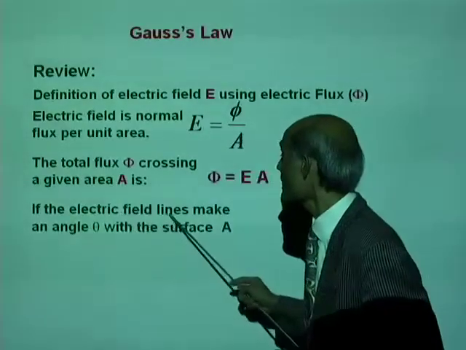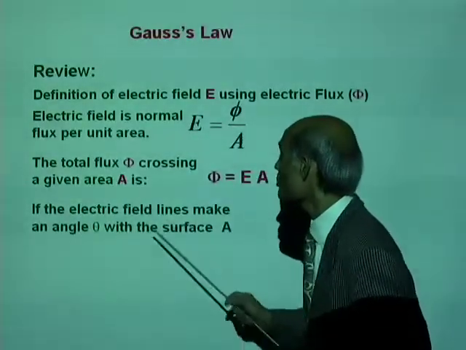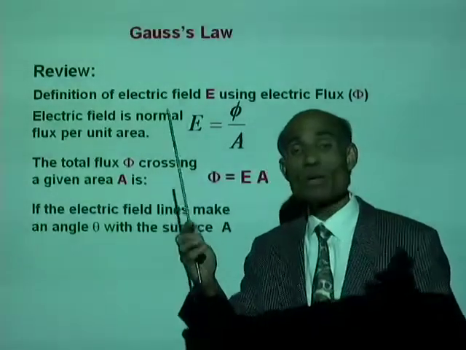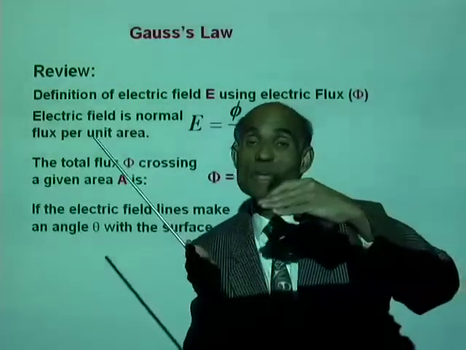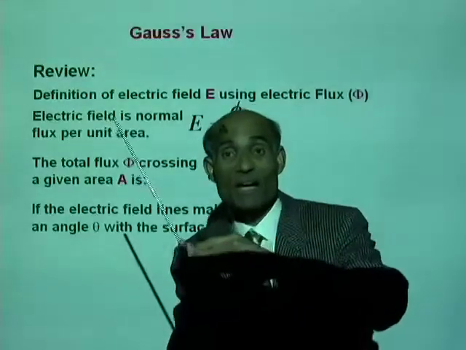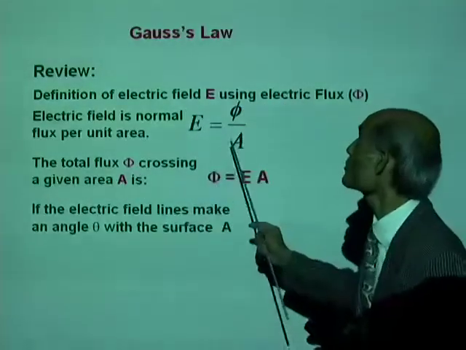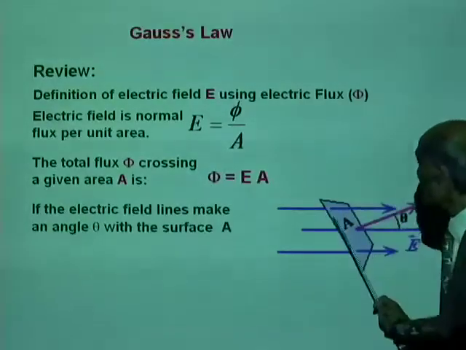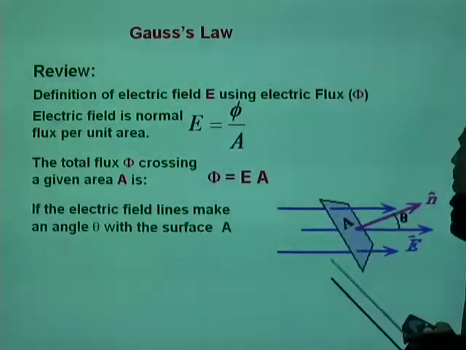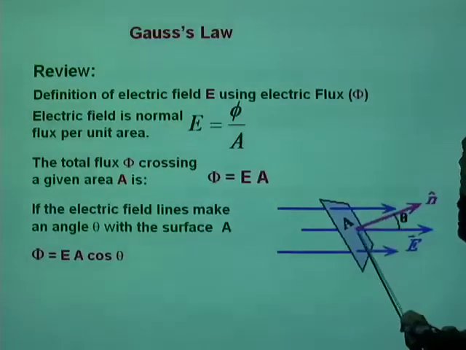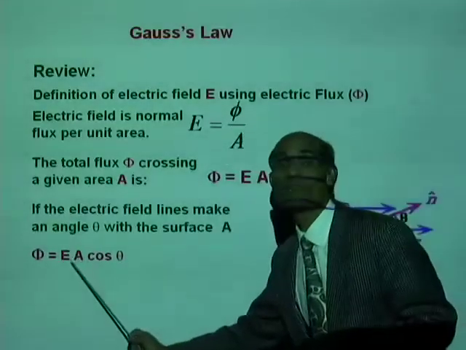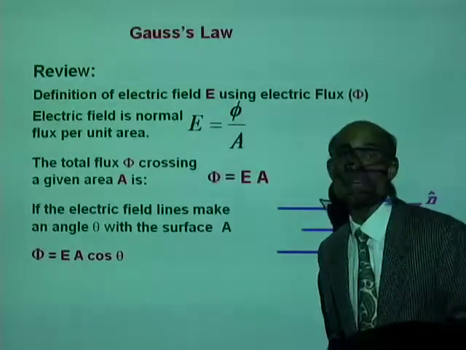If the electric field lines make an angle theta with the surface A, remember only the component of the electric field at right angles to the surface will contribute to flux. So if the field makes an angle with the surface, then the component of the field at right angles to the surface will be EA cos theta.